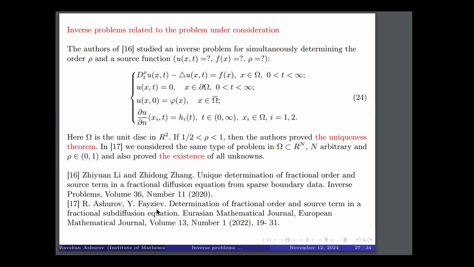And we, in this paper, 17, 2022, which is published, consider the same problem. We take omega as an arbitrary n-dimensional domain with smooth boundary, and rho between 0 and 1, not only here, but here. And we proved not only uniqueness, but that both unknowns exist and are unique.